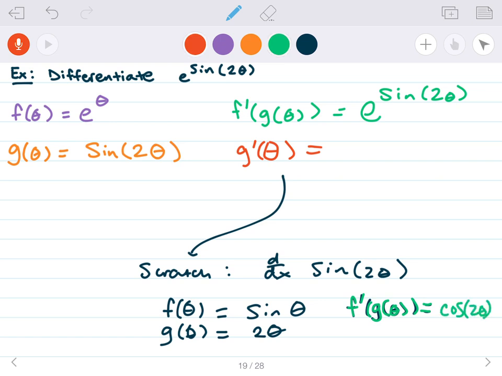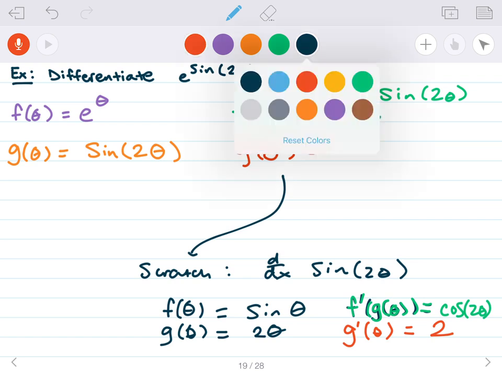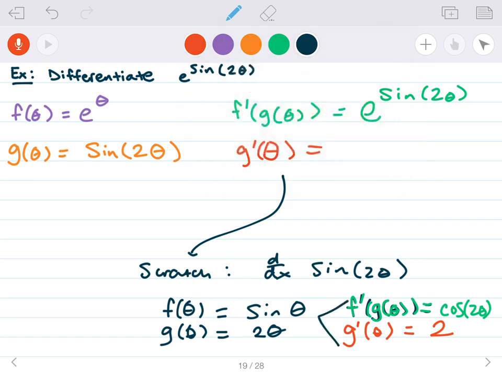And then g prime is going to be 2, right? Theta is kind of like x, so derivative of 2x is 2, derivative of 2 theta is 2. And then we multiply these together to get our derivative. So the derivative is 2 cosine 2 theta. So that goes up here.